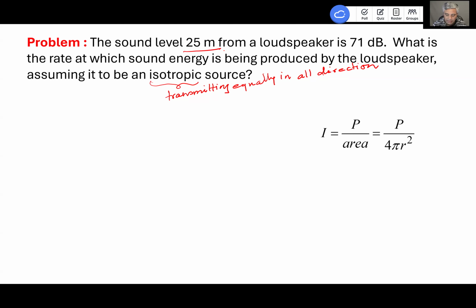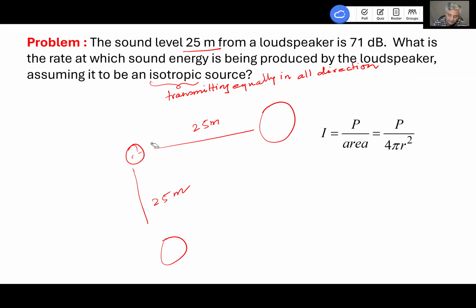So this is 25 meters from the source, right? It doesn't matter whether you are measuring here or here, as long as the distance is 25 meters. So that's what isotropic means there, okay?